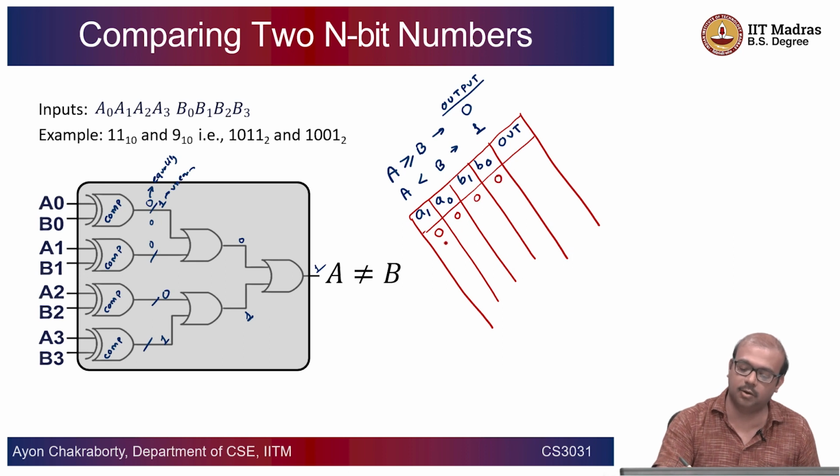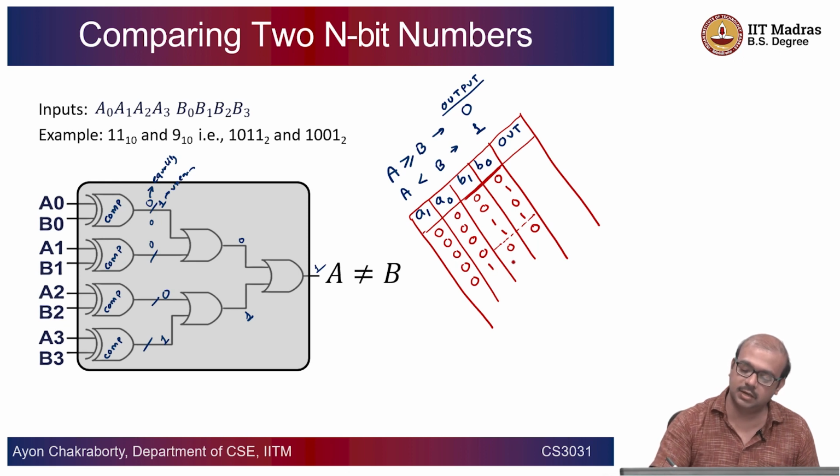You can write all these entries like this: 0 0 0 0, 0 0 0 1, 0 0 1 0, this is 2, this is 3, this is 4, and this entire chunk is going to be repeated, with just A0 flipped to 1.